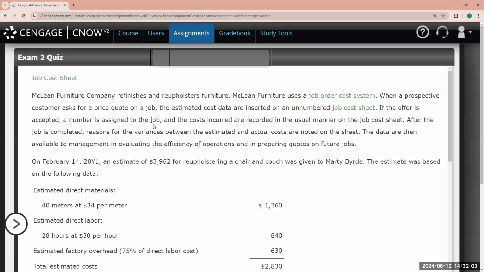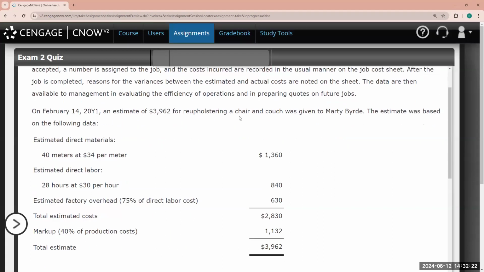If the offer is accepted, a number is assigned to the job, and the costs incurred are recorded in the usual manner on the job cost sheet. After the job is completed, reasons for the variances between the estimated and actual costs are noted on the sheet. The data are then available to management in evaluating the efficiency of operations and in preparing quotes on future jobs.